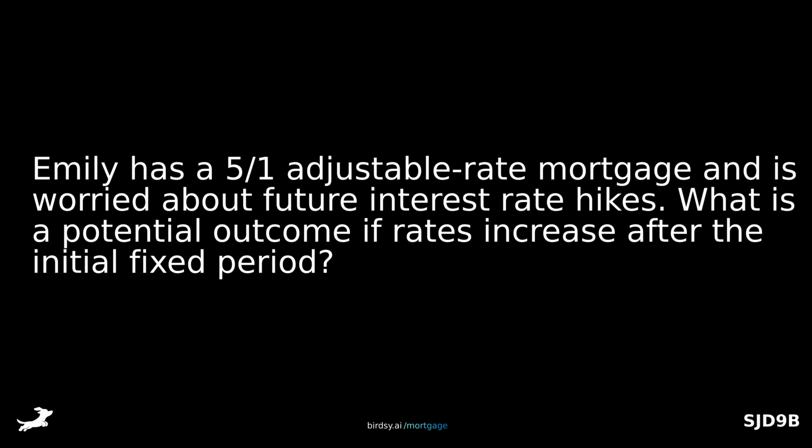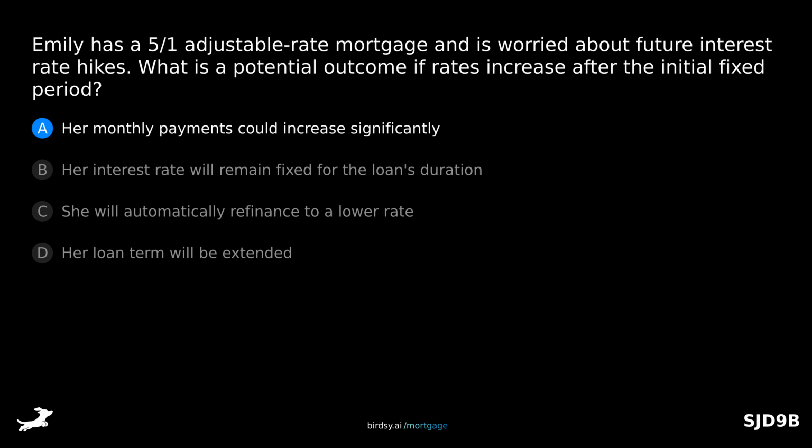Emily has a 5-1 adjustable-rate mortgage and is worried about future interest rate hikes. What is a potential outcome if rates increase after the initial fixed period? Is it A. Her monthly payments could increase significantly, B. Her interest rate will remain fixed for the loan's duration, C. She will automatically refinance to a lower rate, or D. Her loan term will be extended?